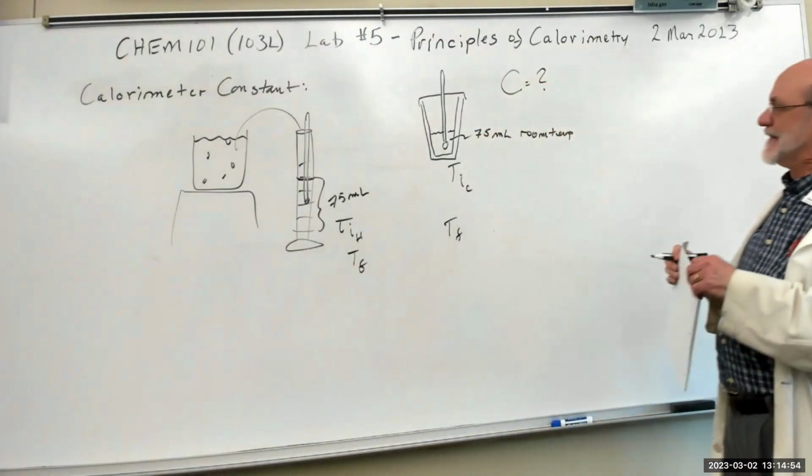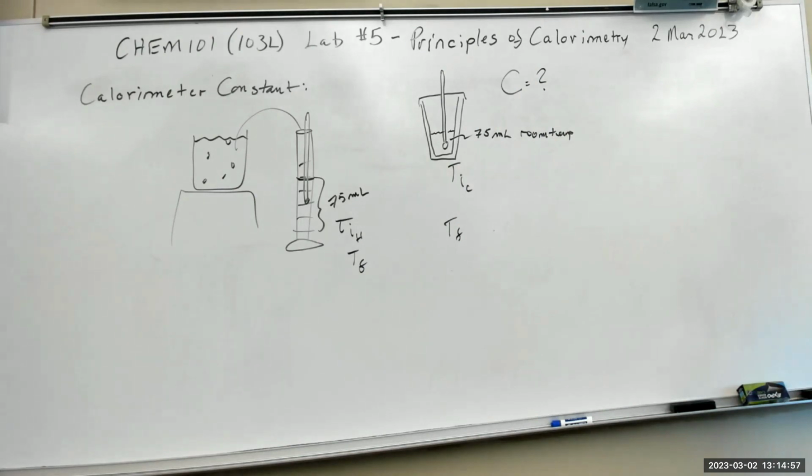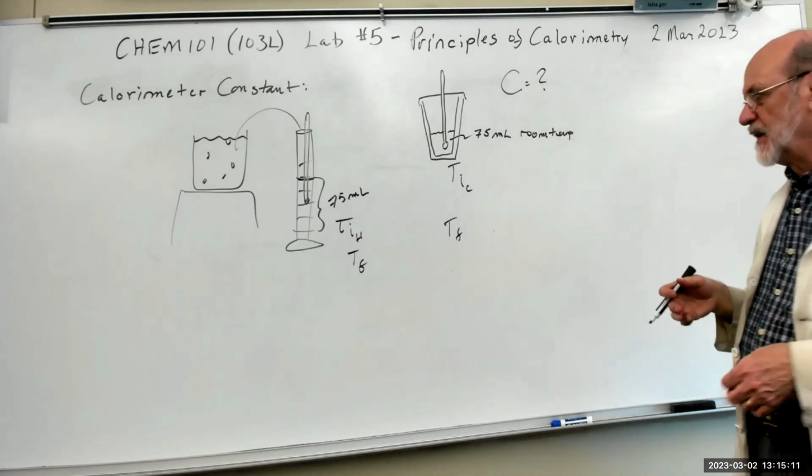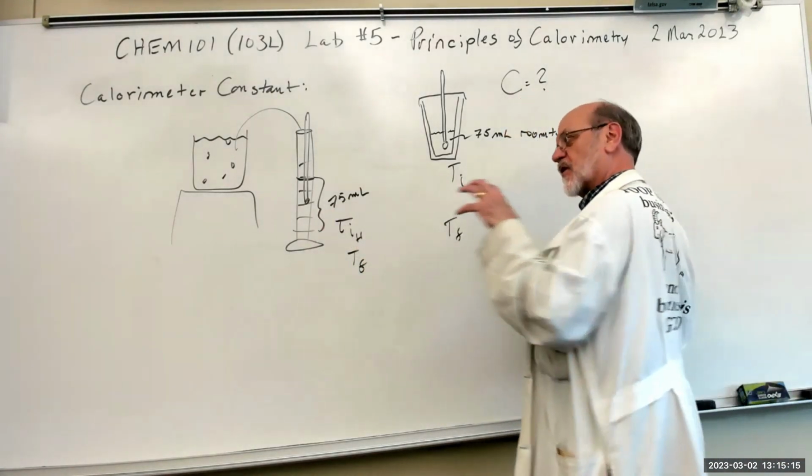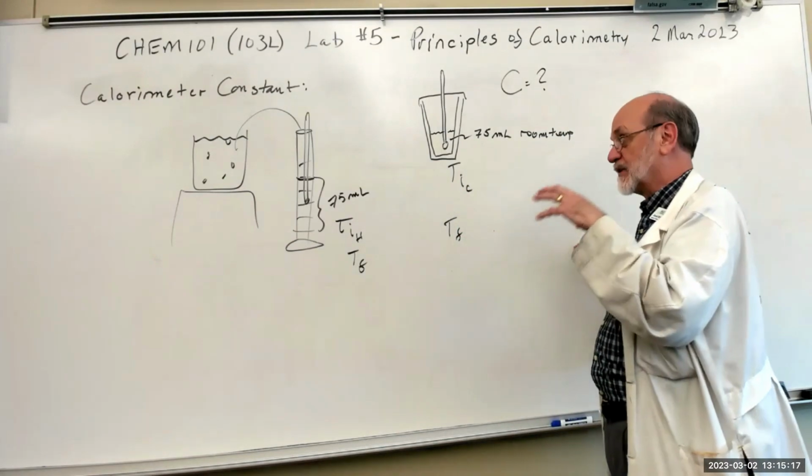Okay. So the formula, we've got these compartments. One compartment is for the hot water. One compartment is for the cold water, and the other compartment is for the calorimeter.